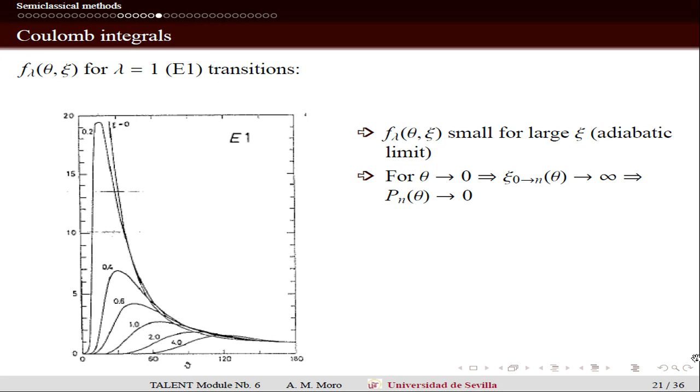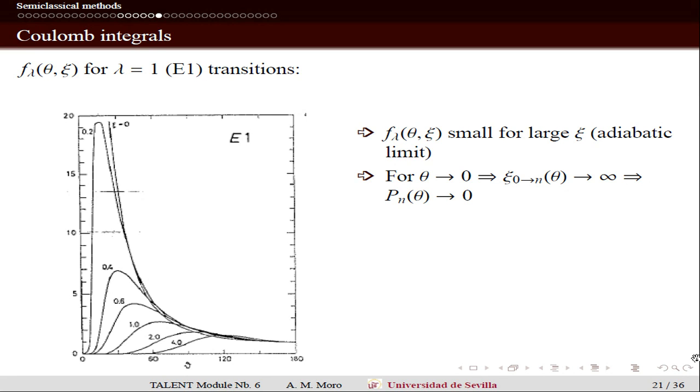You can see many things, but the most important: for small adiabaticity parameters, we start from xi equal to 0, well, it starts at 0 actually, but at 0 it diverges. So for finite xi, we have finite values here, and then as we increase this adiabaticity parameter, 0.2, 0.4, 0.5, and so on, the F function becomes smaller and smaller.